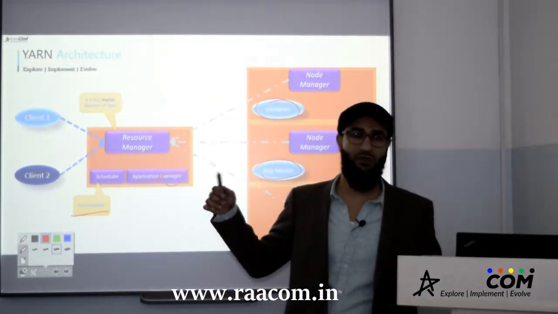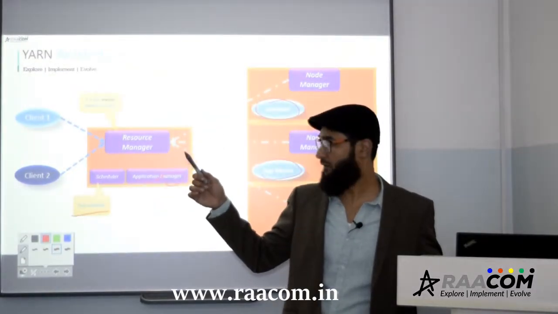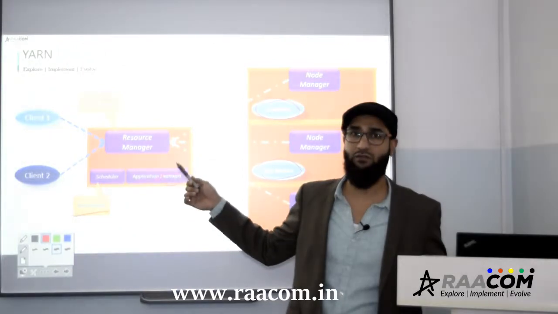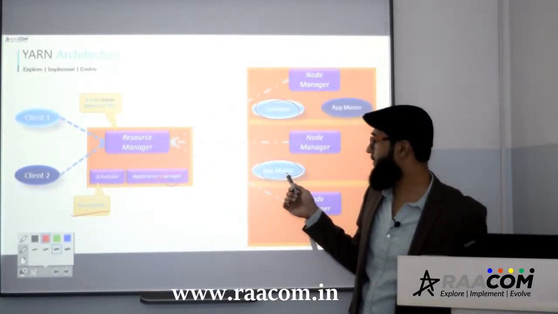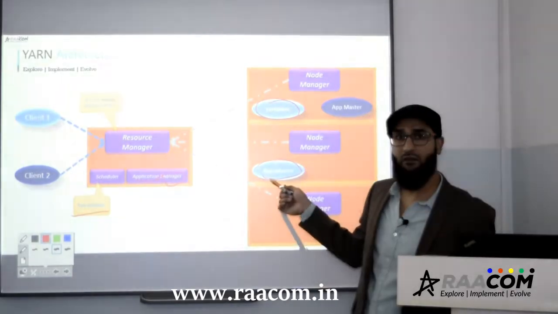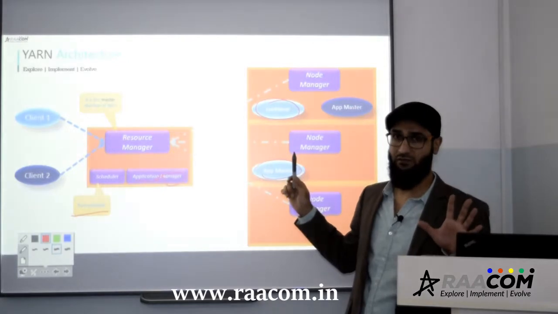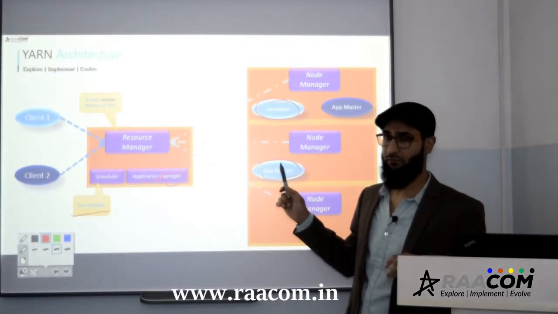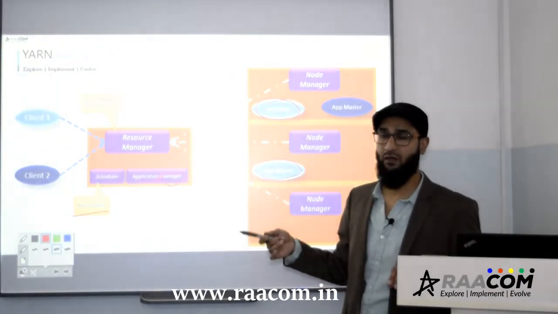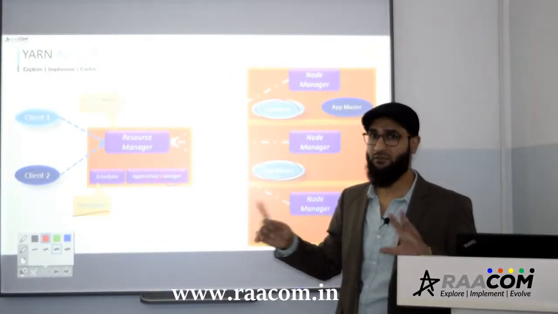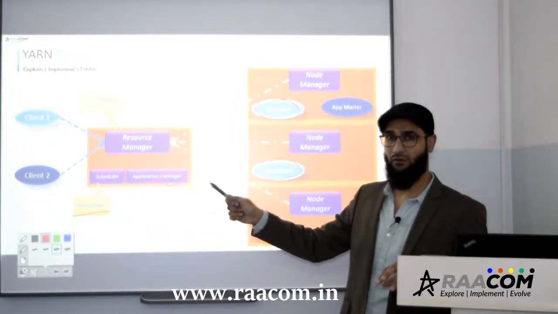The resource manager is the one which kicks off the application masters. So one application master for one whole application. How many requests or jobs the client makes doesn't matter. It is one application master for one client.